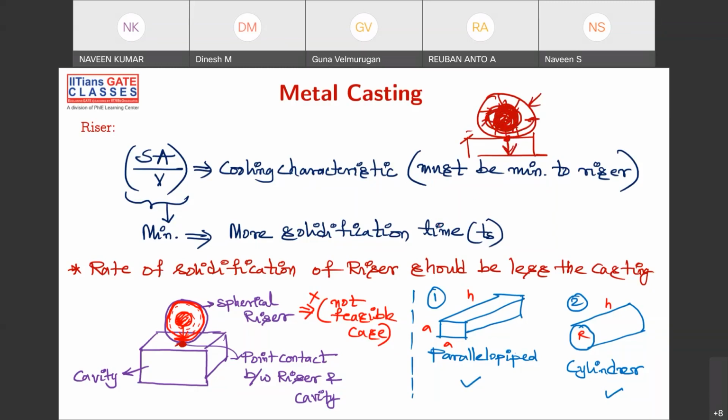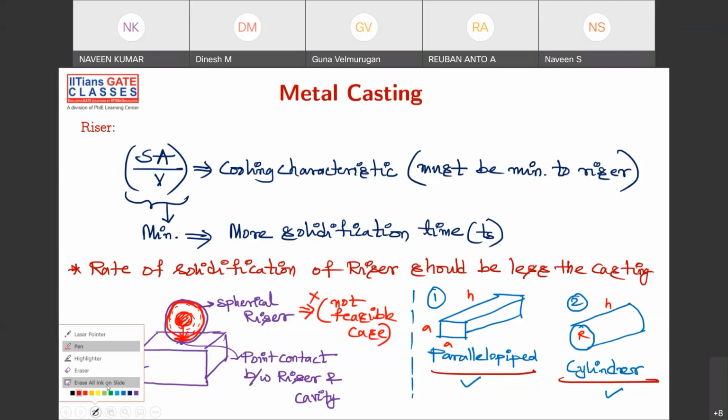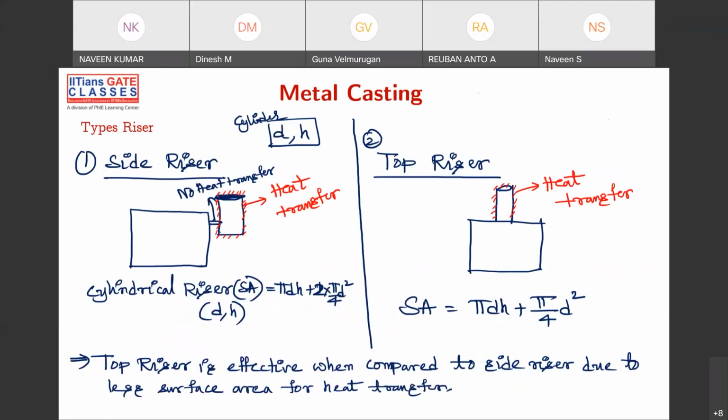It can't. That is why a spherical riser is not used, even though it has minimal surface area. The next two options are parallelepiped and cylinder, so you can use a parallelepiped or cylinder as your riser geometry.